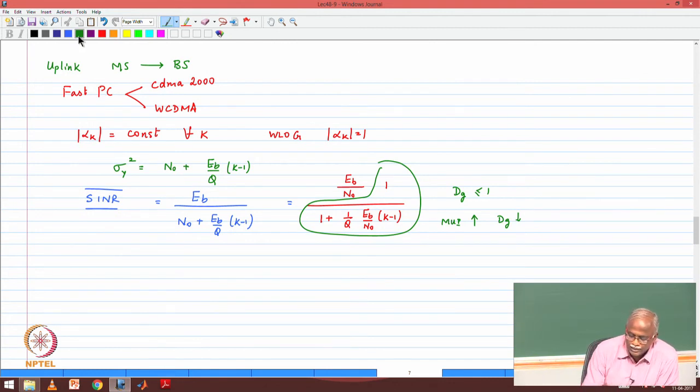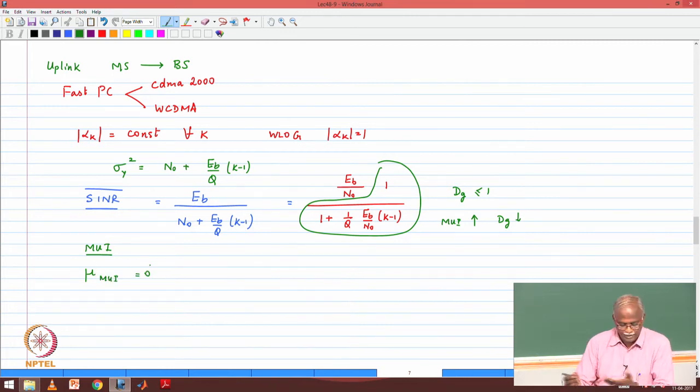Okay, so here are a couple of points regarding the multiple user interference, MUI. The mean value is 0.